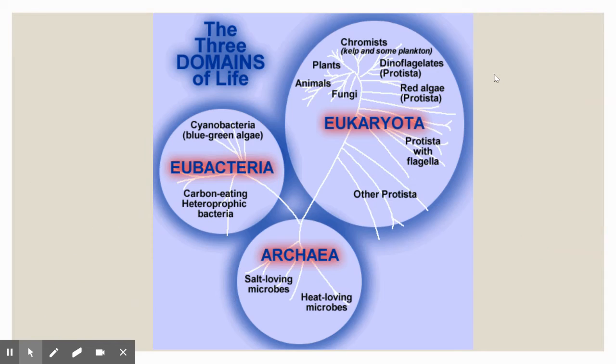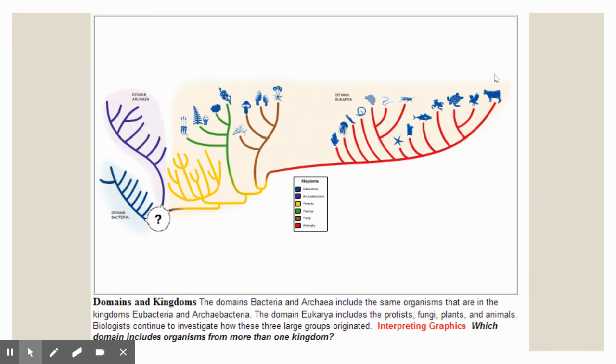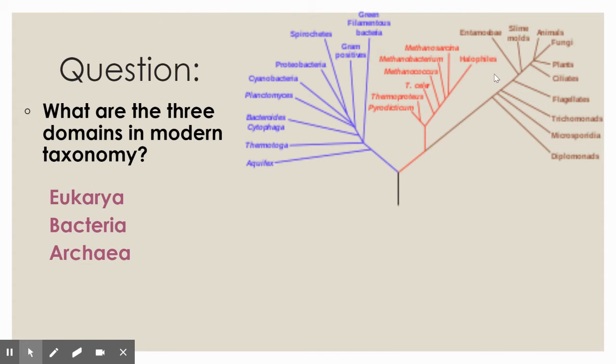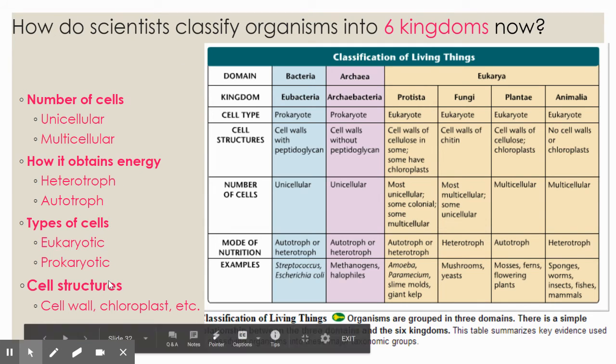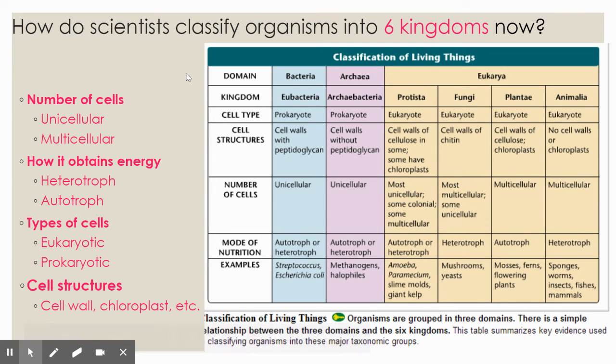Well, that's about domains. That's domains and domains. And that's just a question. But, ooh, look, how do scientists classify organisms into the six kingdoms? You were asked to tell four ways that scientists classify organisms into the six kingdoms. And look, 1, 2, 3, 4 bullet points there. Hint, hint. Those might be your answers to number one.